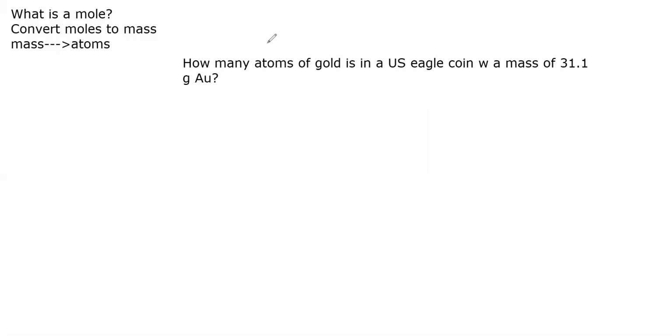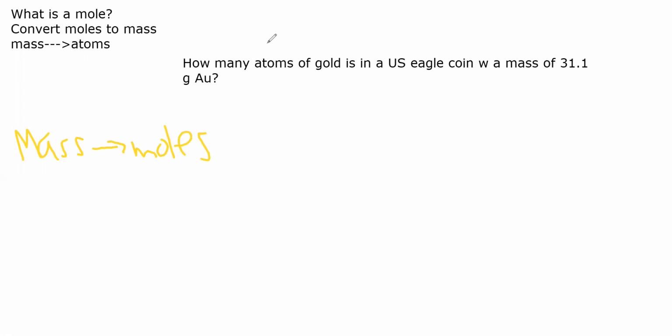Say you had 31.1 grams of apples, and someone asked how many atoms are in there, and we don't really know because we don't know how many atoms are in 1 gram of apple.